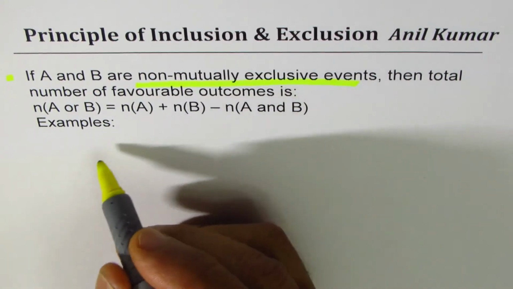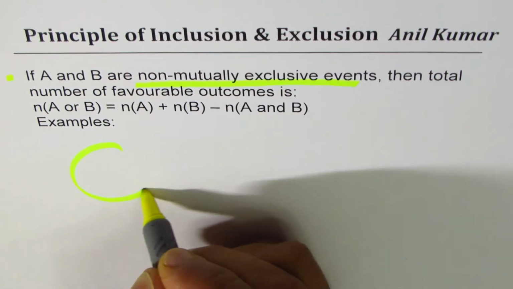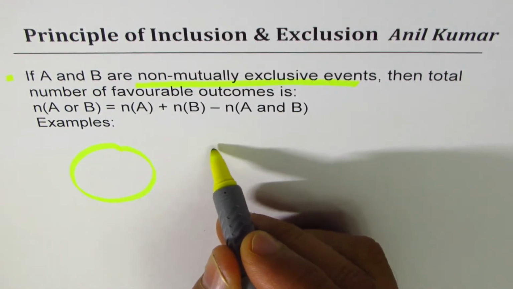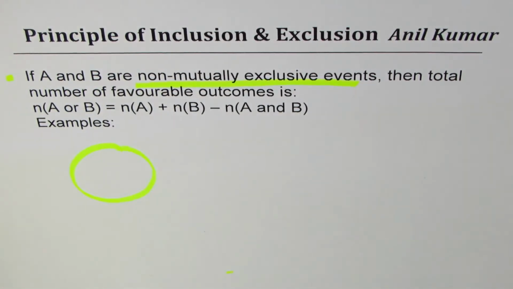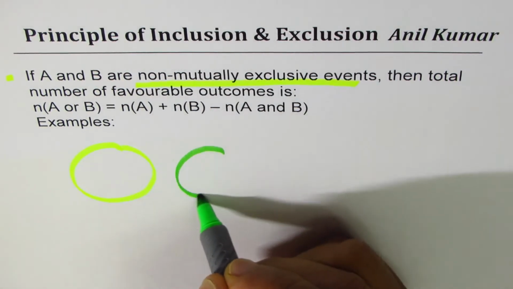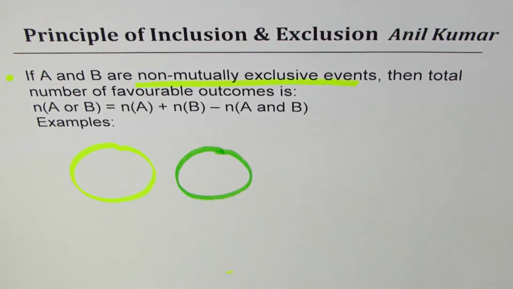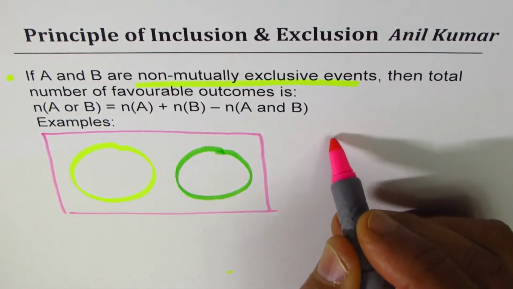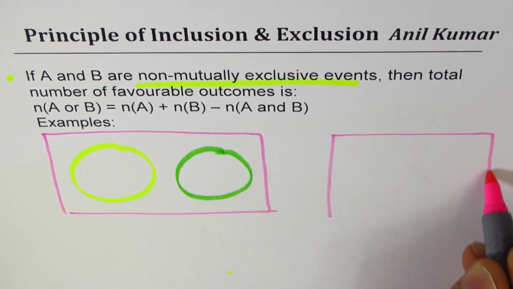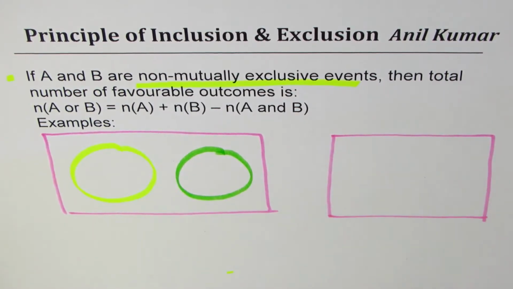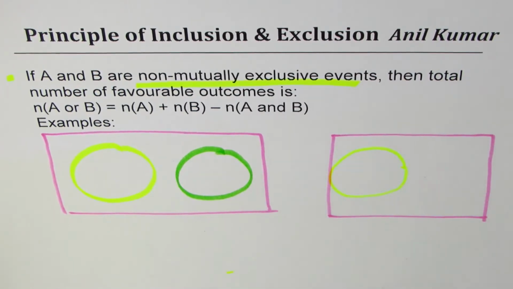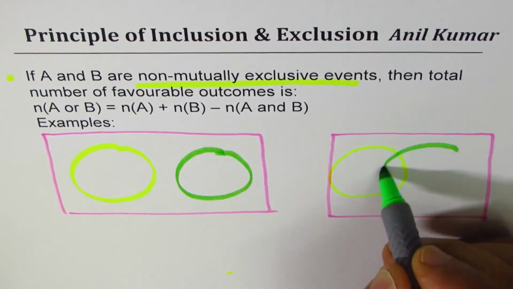We're talking about two events, A and B. The positions could be two separate sets, or we could have two events which overlap.